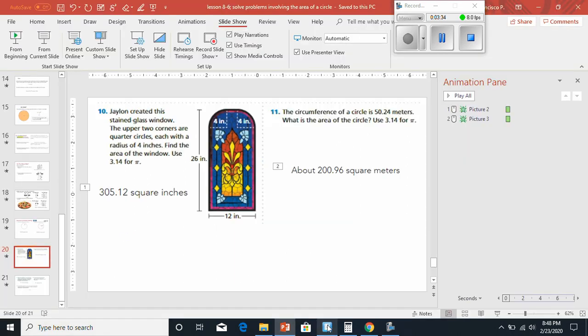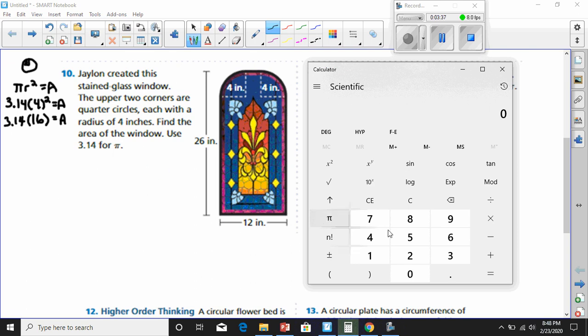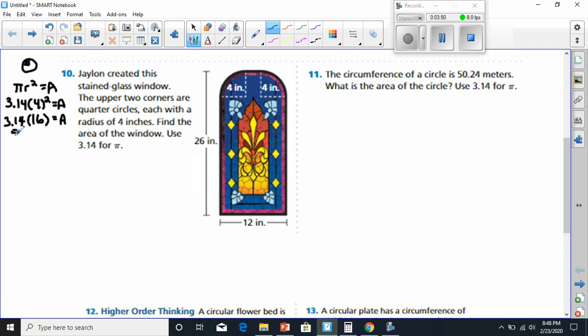So let's do that with the calculator first. 3.14 times 16. That's going to give us 50.24. 50.24 is the area of the whole circle. Now the thing is, we only have 2 quarter circles here. That makes a half. So we're going to have to divide this 50.24 by 2 to get the area of half a circle. Okay?